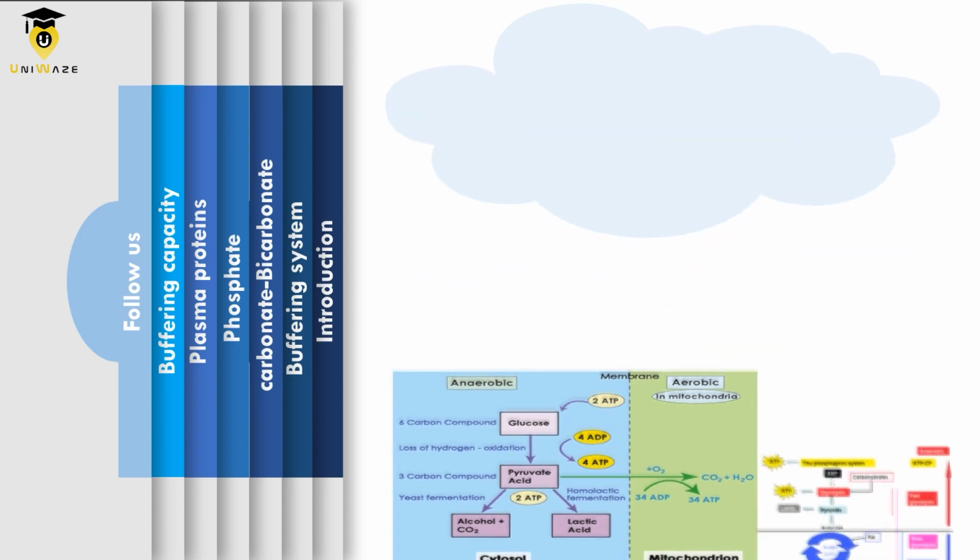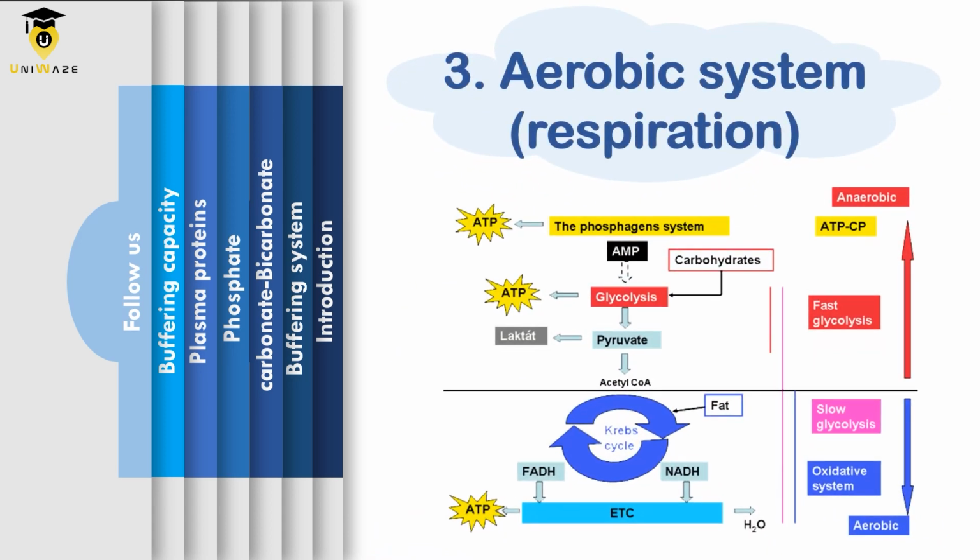Number 3, aerobic system or respiration, which involves 4 stages: glycolysis, a transition reaction that forms acetyl coenzyme A, the citric acid or Krebs cycle, and an electron transport chain.